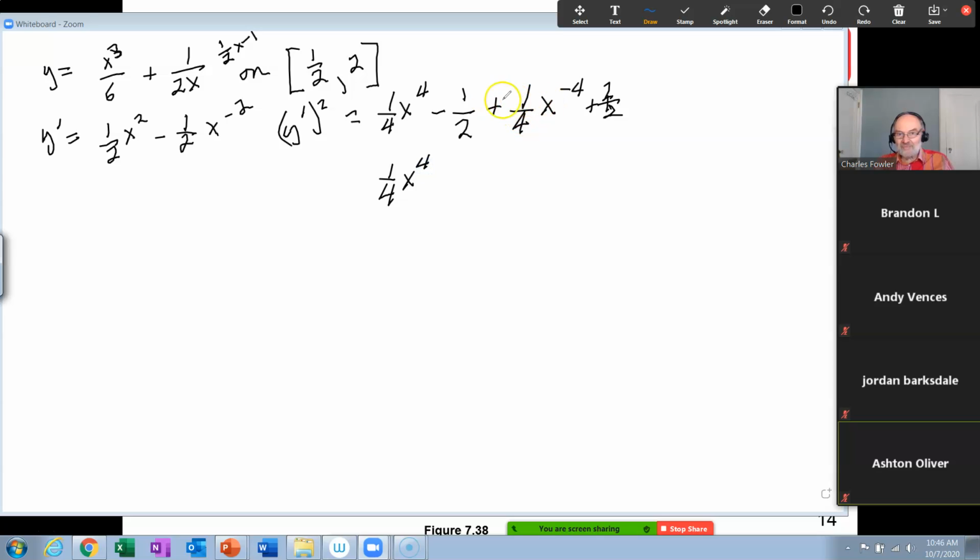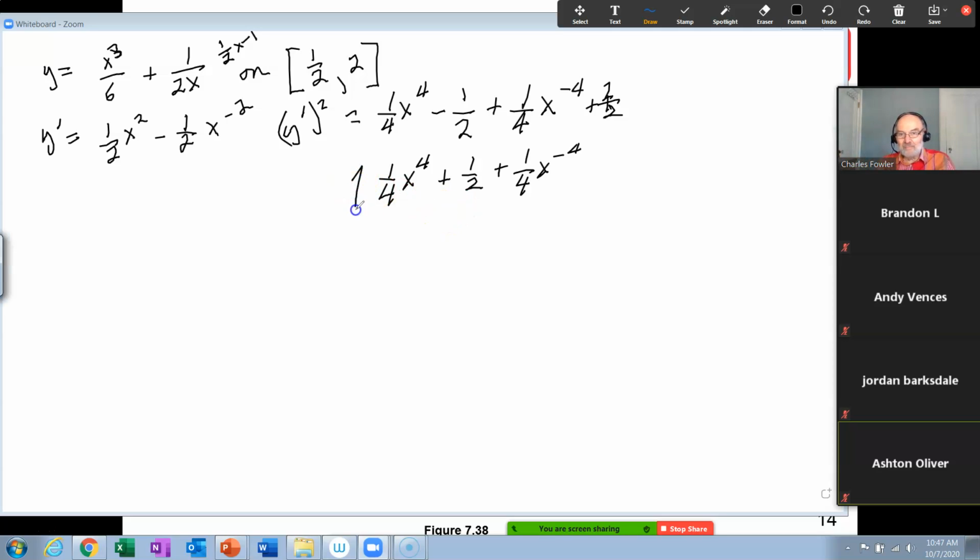Now that becomes minus 1/2 plus 2/2 would be a plus 1/2 plus 1/4 x to the minus 4. Okay. Now, what in the world are we going to do with that? We got to take a square root of it.